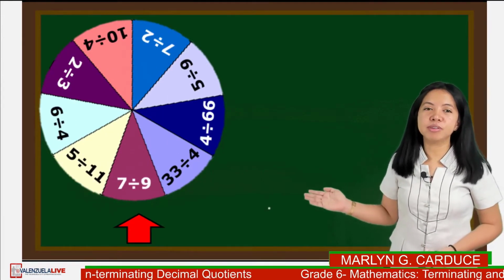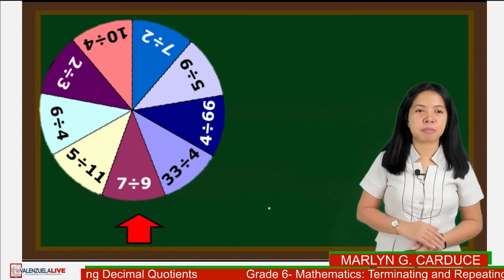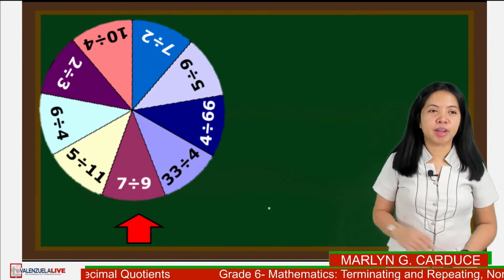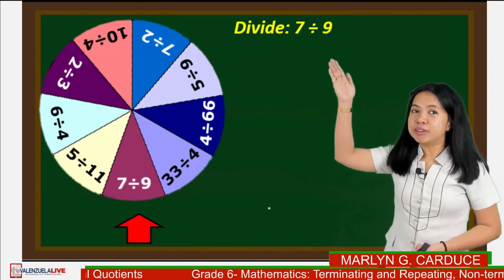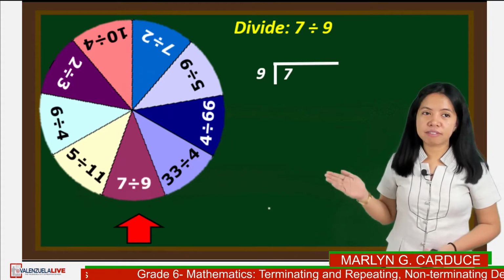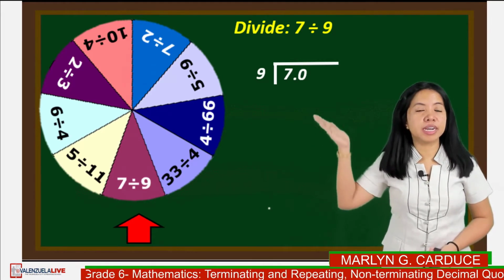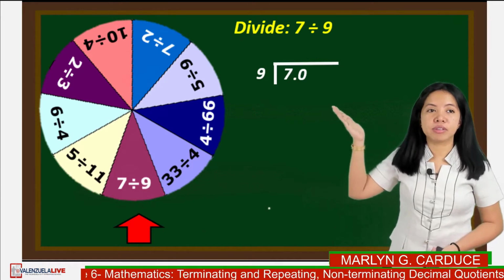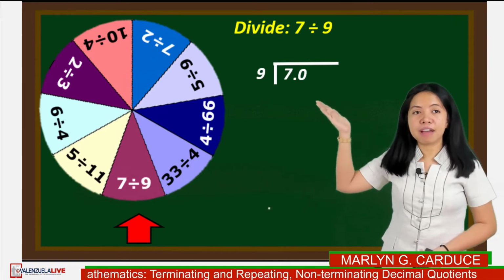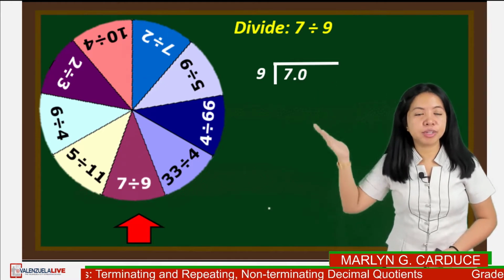Okay, so the third division problem is 7 divided by 9. Okay, let's try. So when we divide 7 by 9, 7 is smaller than 9. So we will add a decimal point after 7 and we will write a 0 after the decimal point.